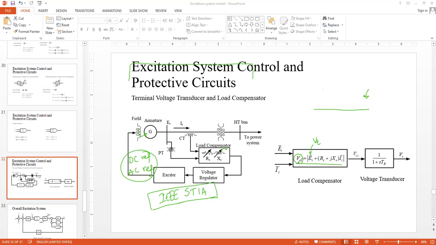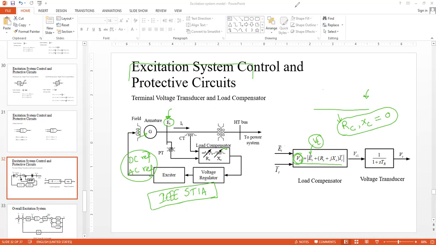So this VC and this ET would be exactly the same when both RC and XC are set equal to 0. That means it is a shorted path. We are interested specifically in the terminal voltage of the generator. We want to control the terminal voltage and track the deviation in the terminal voltage from the reference value. So that's why we can write VT, the same as VC, when this condition is true.